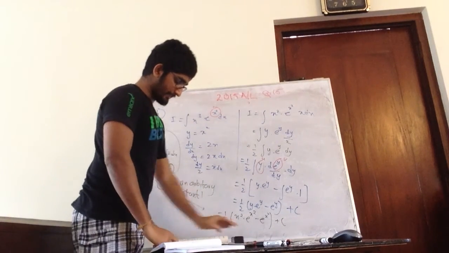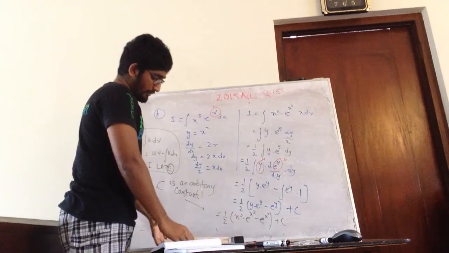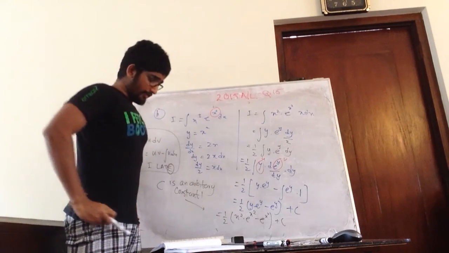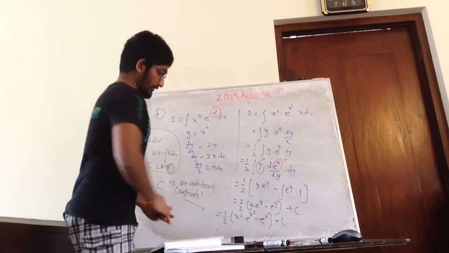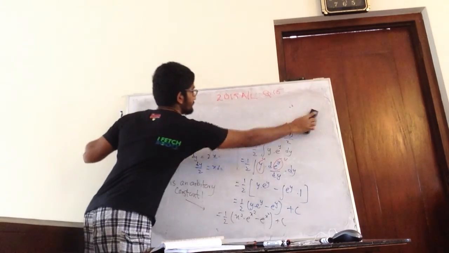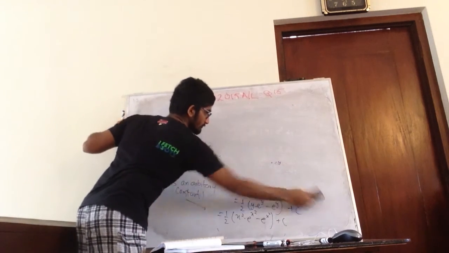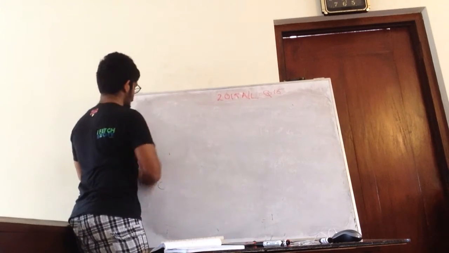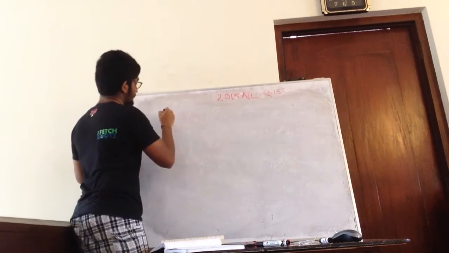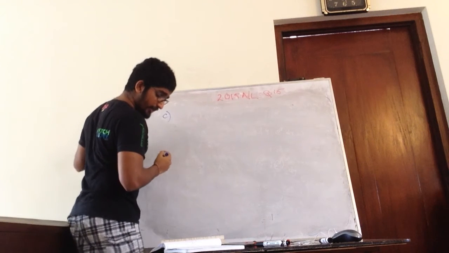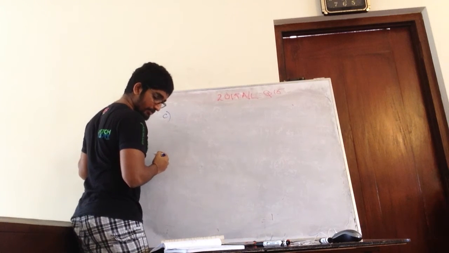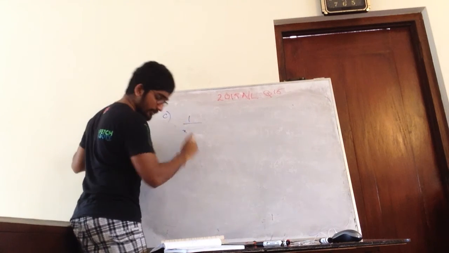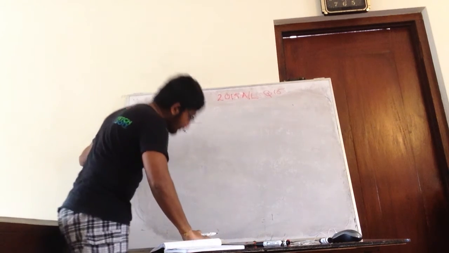So let's go to part C. Part C is basically an integration by parts question. So now here this says: find the constants A, B, C such that x cube.